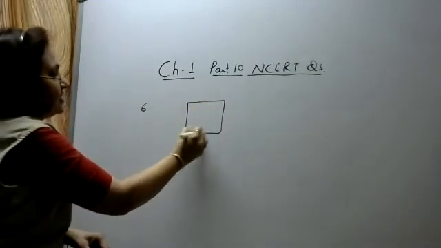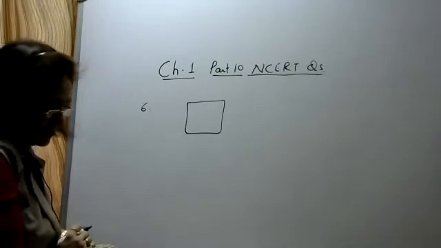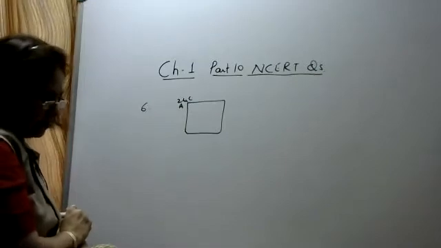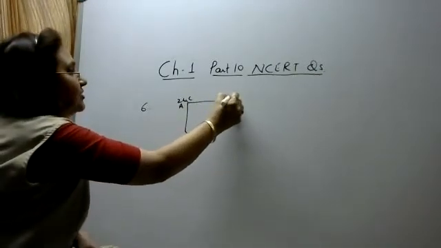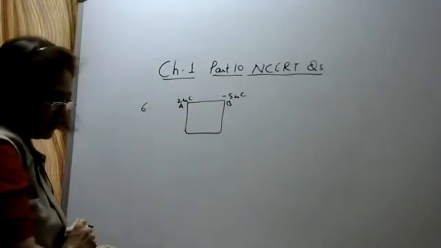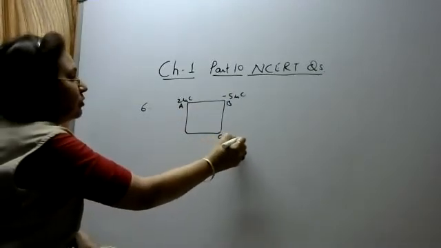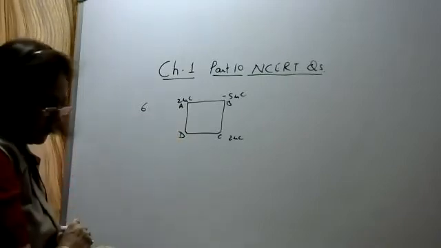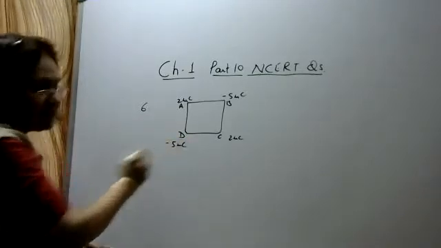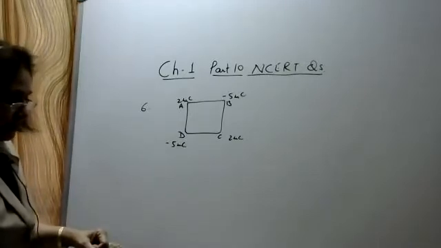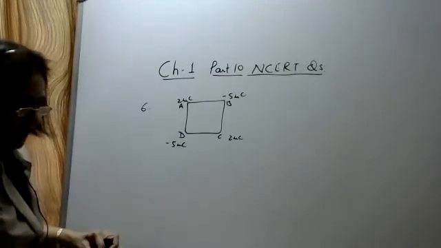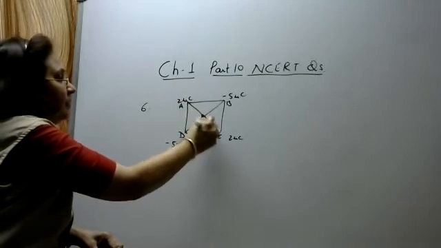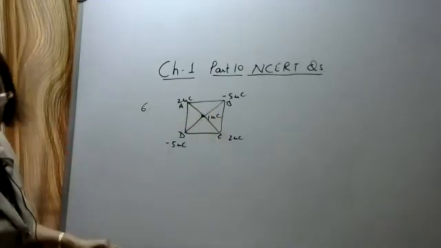QA is 2 microcoulomb at point A. QB is minus 5 microcoulomb at point B. QC is 2 microcoulomb, and at point D again minus 5 microcoulomb is situated. Now you have to find the force on the 1 microcoulomb charge placed at the center.